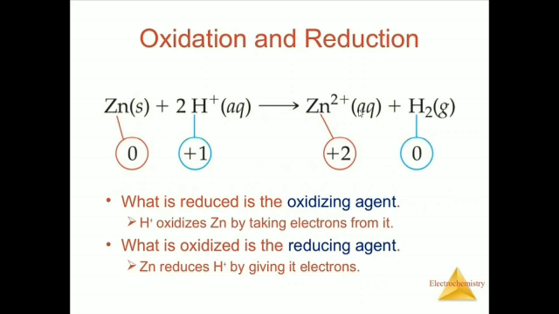In this, you have already studied this portion. Oxidation and reduction are the two types of chemical reactions used to transfer electrons. So what is oxidation? Loss of electron is oxidation. And what is reduction?